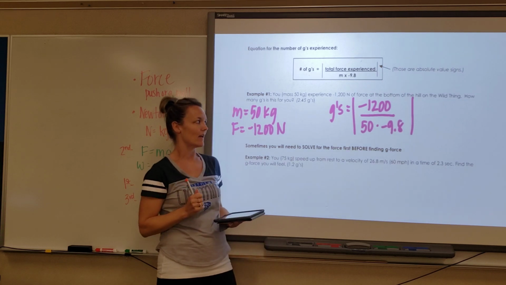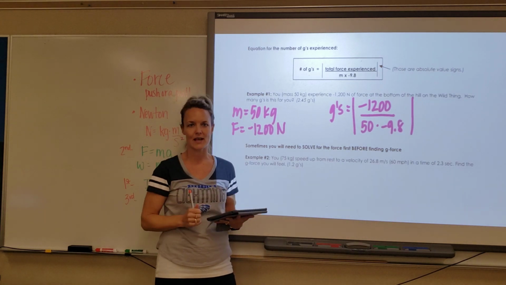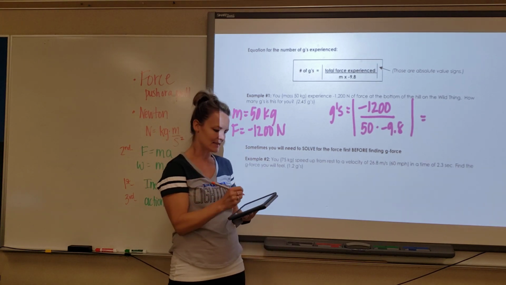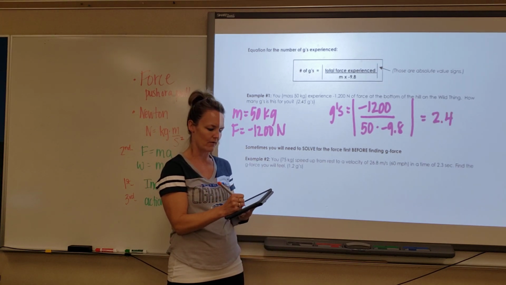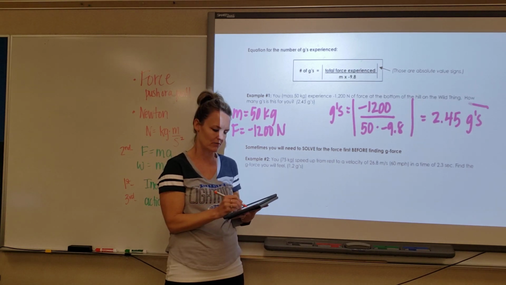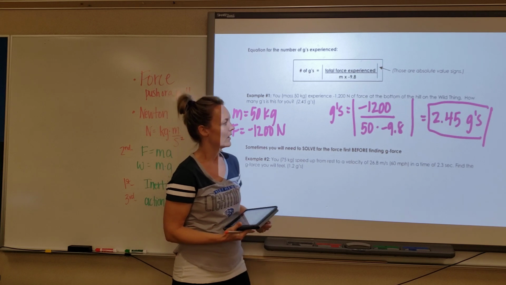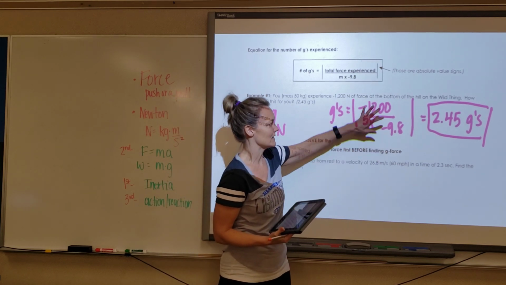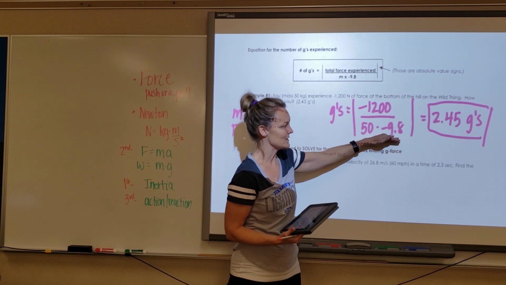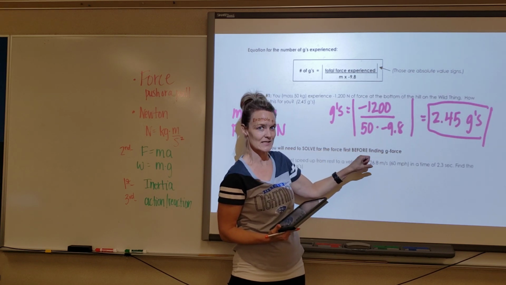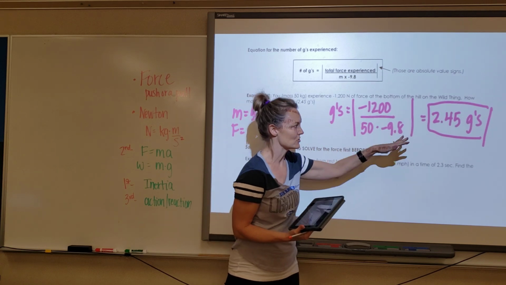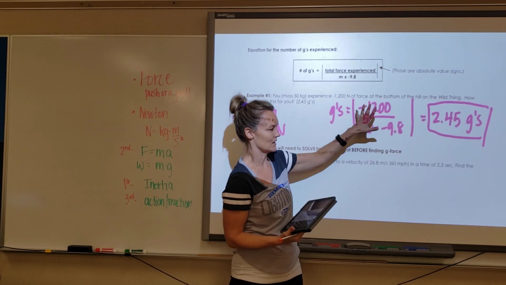Please try that in your calculator, pause it for a second, type that in, and make sure you get the same thing that I did, which is 2.45, and then there's no unit behind it. You can write G's if you would like to. Please check this, because if you take the negative 1,200 divided by 50 times negative 9.8 without using parentheses and without typing it into your calculator properly, it changes your answer because it does it in order.